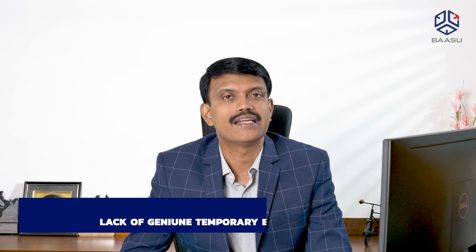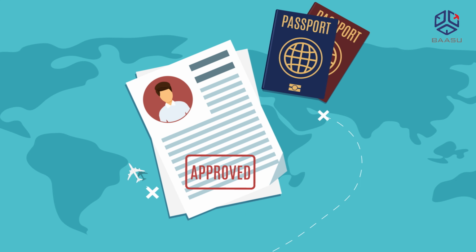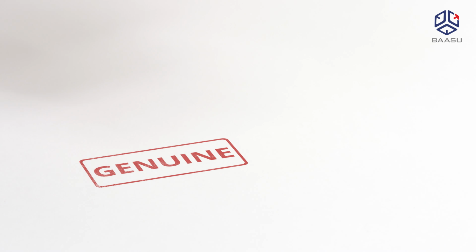Reason number 3 is lack of genuine temporary entrant, which is known as GTE. It is very important to know there is no personal interview for your visa like in other countries. So your documentation has to demonstrate that you are a genuine entrant into Australia going for an educational purpose only.